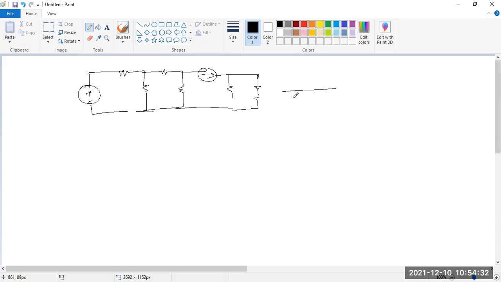I am telling you again so that you can remember this: the circuit could be replaced by a short circuit current, that is ISC, and an equivalent resistance of the circuit when the load resistance was removed. Say this is your load resistance.